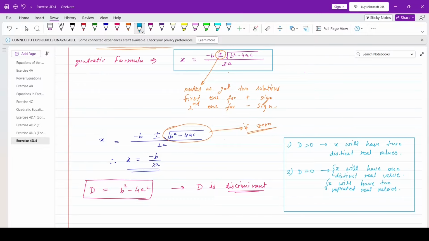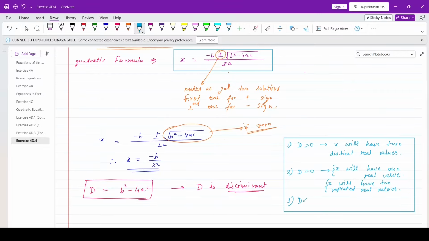Because the second one is equal to the first one itself, that's why we can either say x will have one distinct real value. Now here the word distinct doesn't need to be used, it is superfluous because one value is always distinct. So we can remove it. So we can say in case when d is equal to 0, x will have only one real value or one real solution. Or in other words, we can say x will have two solutions but repeated.